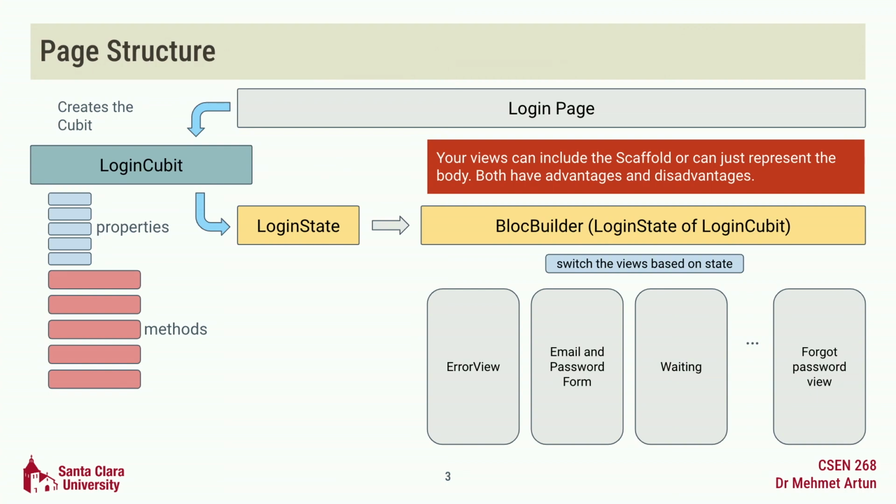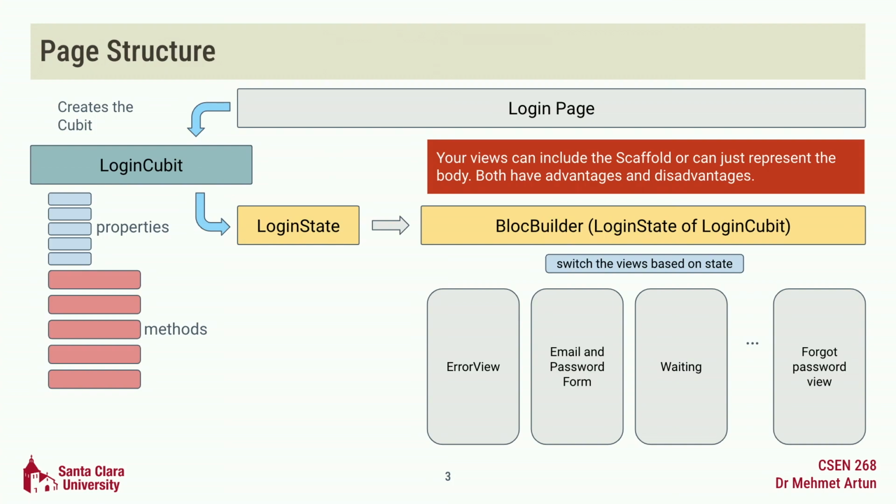Yeah. So the properties and the methods are interlinked, right? So based on the properties, like for the qubit, the methods would be called something like that. No. The properties of the qubit are internal working properties, like the email and password that the guy has entered in this form. We update the email and password in the qubit.